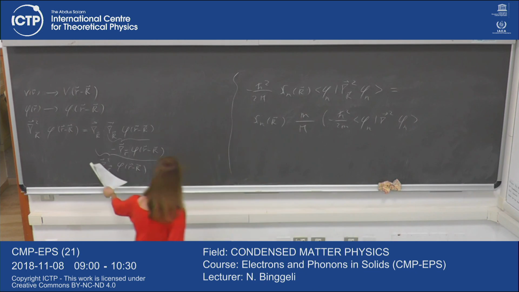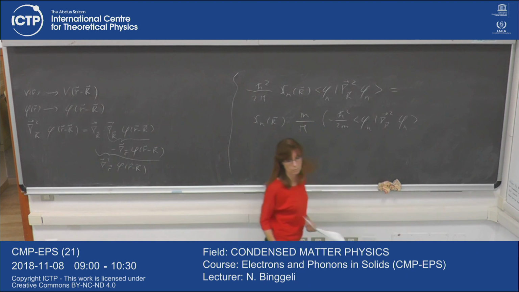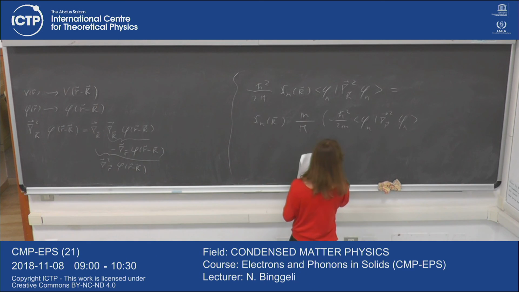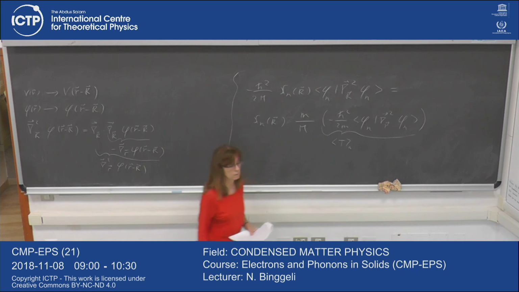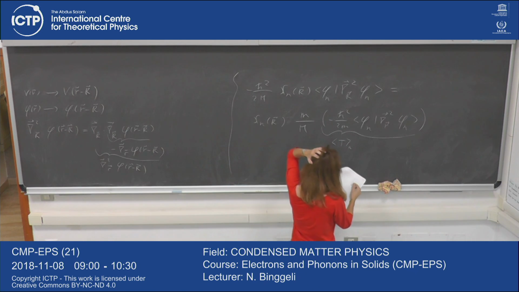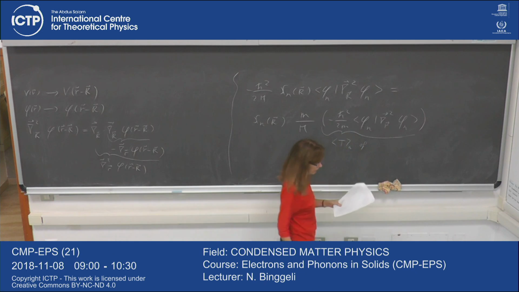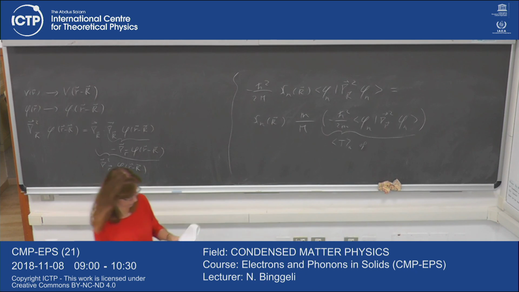Having seen this, I just replace the gradient with respect to the nuclear position by the gradient with respect to the electronic position. And this term here is just the kinetic term for the electron, that is the expectation value of the kinetic operator, which we know to be of the order of the eigenvalue for the electronic problem.